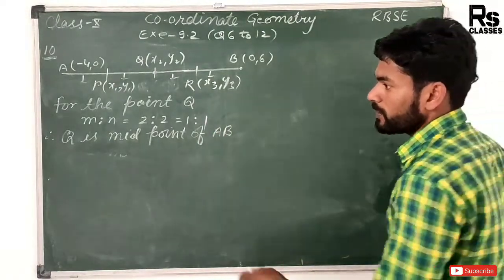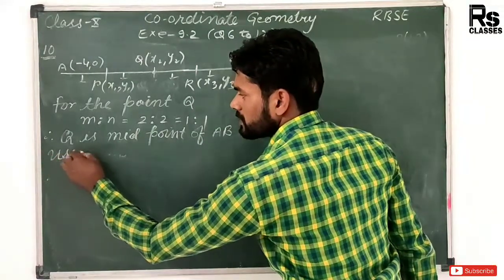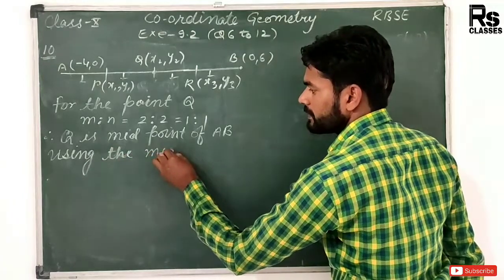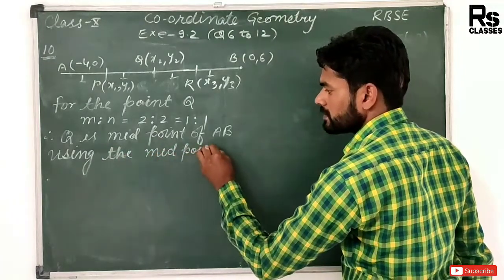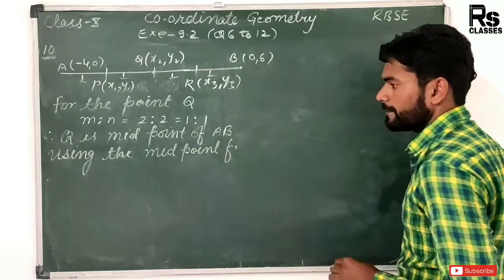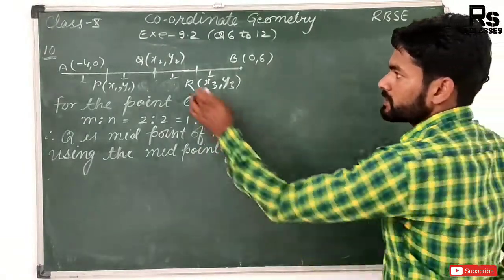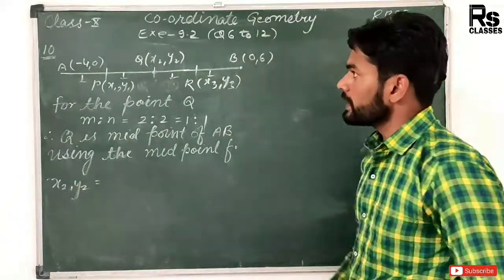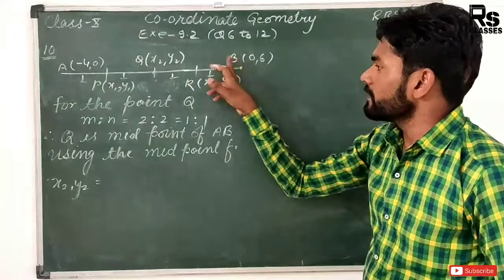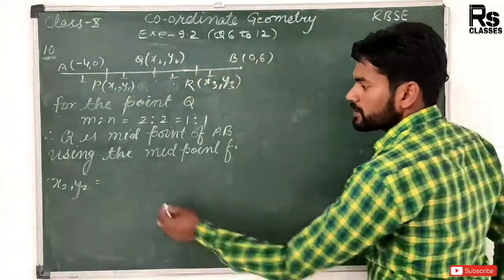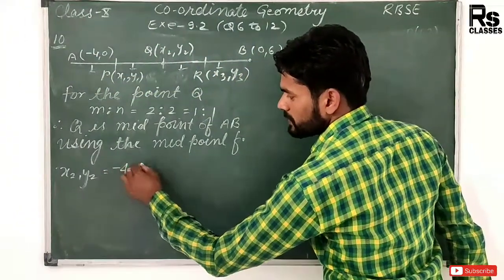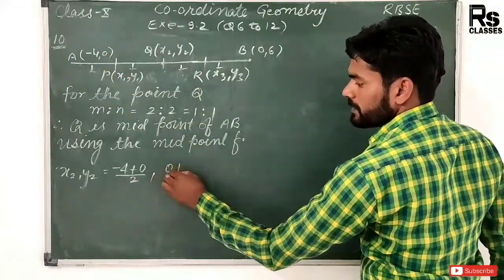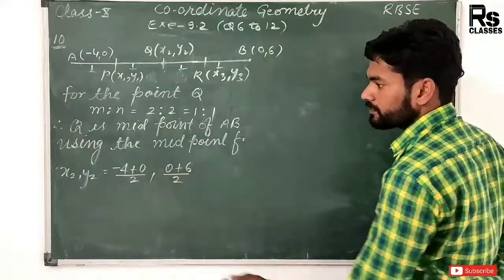Now apply the midpoint formula. Using the midpoint formula, x2 comma y2 is equal to the sum of the x coordinates, which are -4 and 0, so (-4 plus 0) upon 2 comma (0 plus 6) upon 2.